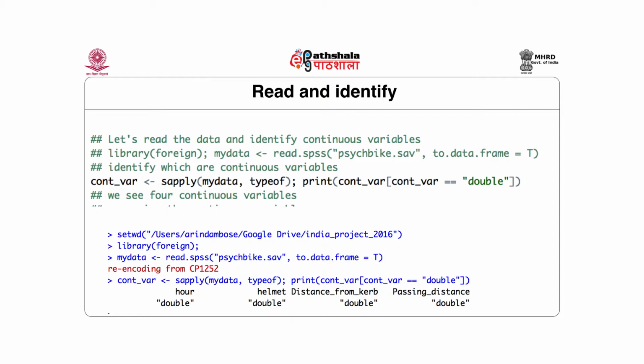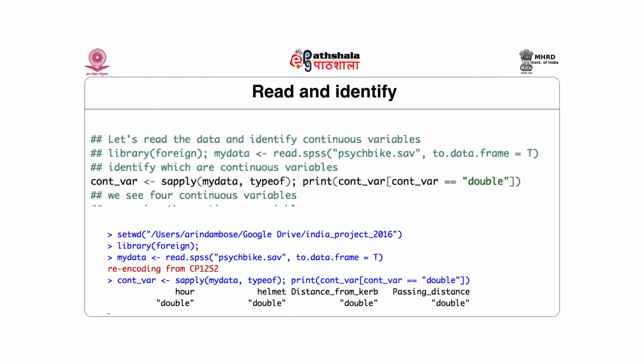So what we're going to do here is, because it was a social science related project, the data set was an SPSS data set. It's called psychbike.sav, and we have obtained that data set, and we are now going to read it, a very simple data set, by invoking the foreign package, installing the foreign package, and then calling the library, library(foreign).